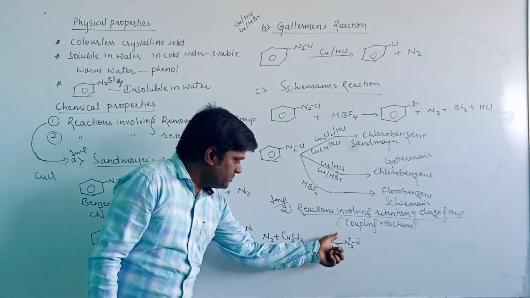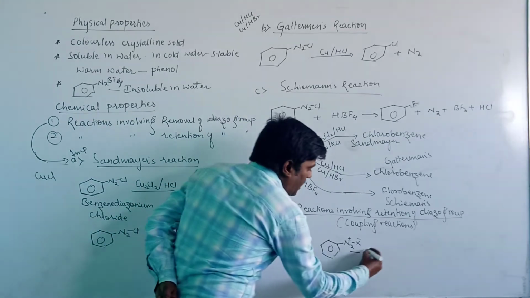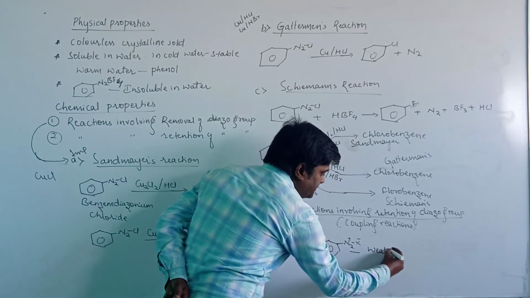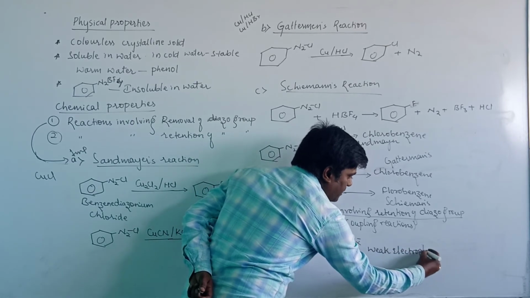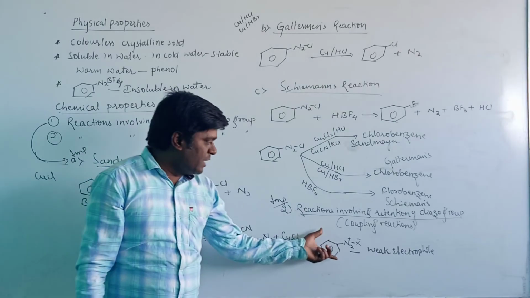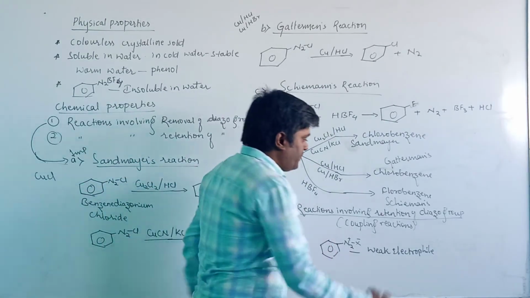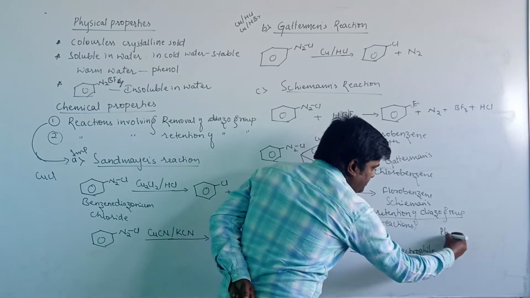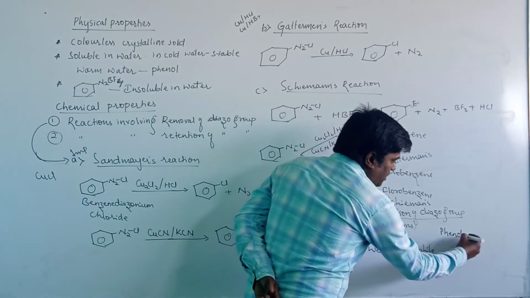The diazonium ion acts as a weak electrophile. Therefore, it can react with aromatic compounds containing an activating group like phenol or amine.